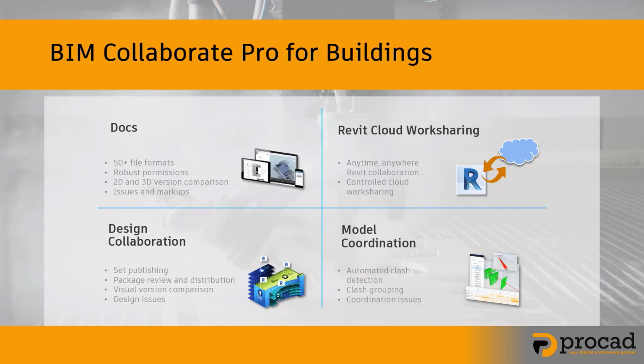And the Model Coordination module, giving customers automated 3D clash detection capabilities and integrated coordination issue management tools. BIM Collaborate Pro adds powerful Revit cloud sharing technology that enables real-time Revit worksharing virtually anywhere, even with modest internet connectivity.